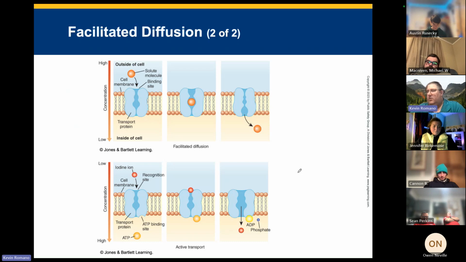As you can see in B, looking at ATP down here, using that as a binding site to help transport the ions through the cell membrane to meet that diffusion. That's facilitated. It's being assisted by ATP to pull that through.